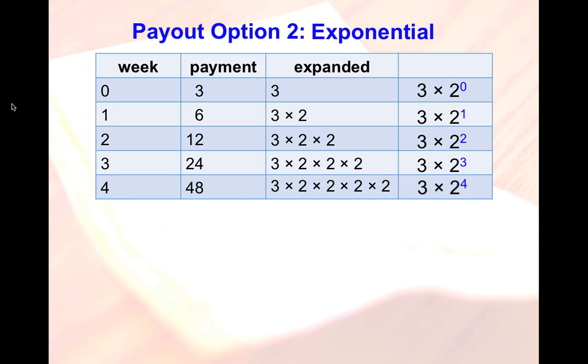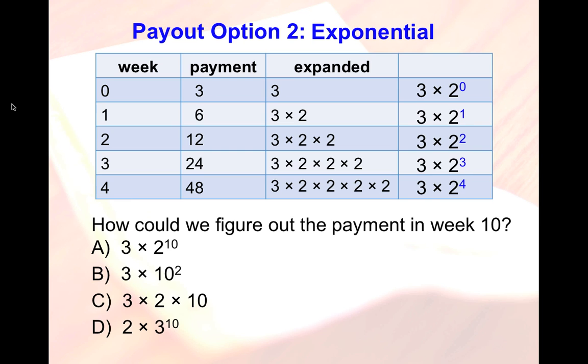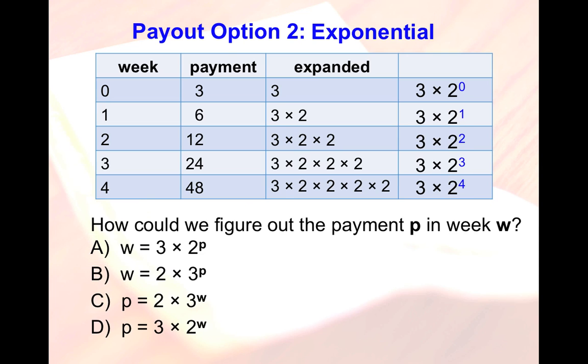We noticed previously that it was not linear. You might have been thinking, well, if it's not linear, what is it? This is exponential. Which expression could we evaluate to figure out how much we would be paid in week 10? In week 10, we'd want to use 10 for our exponent.